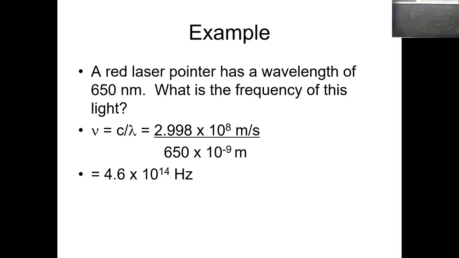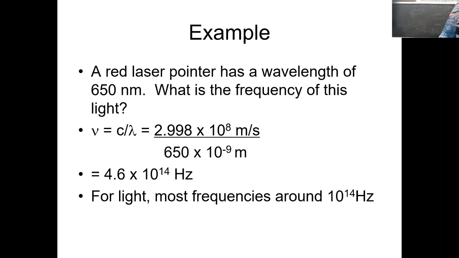All right, so the next slide is going to be one that you are going to figure out and work with your table mates to determine. Oh, before I go on to the next slide, something to keep in mind is that if we're dealing with visible light, it's a pretty narrow bandwidth. There aren't a lot of frequencies, and almost all of those frequencies are going to fit into the 10 to the 14th hertz.